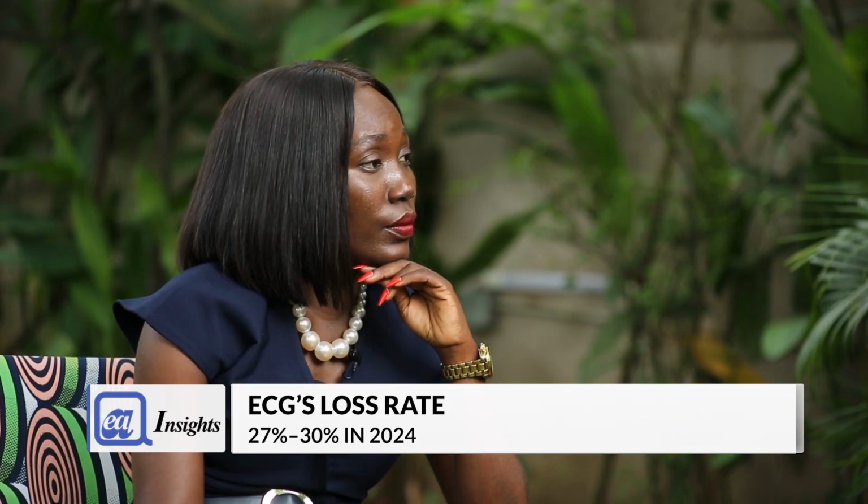There are some zones in NEDCO, for instance, that are seeing losses around 12 and 15%, but there are also places that are seeing losses of 40% and above. Wow. And so it varies. It varies.